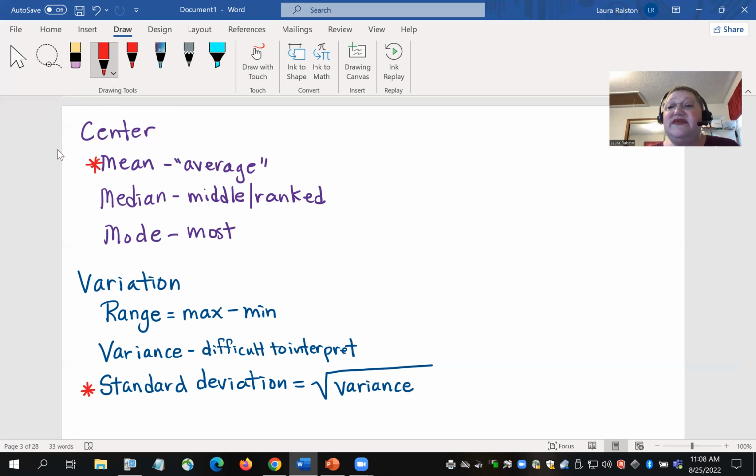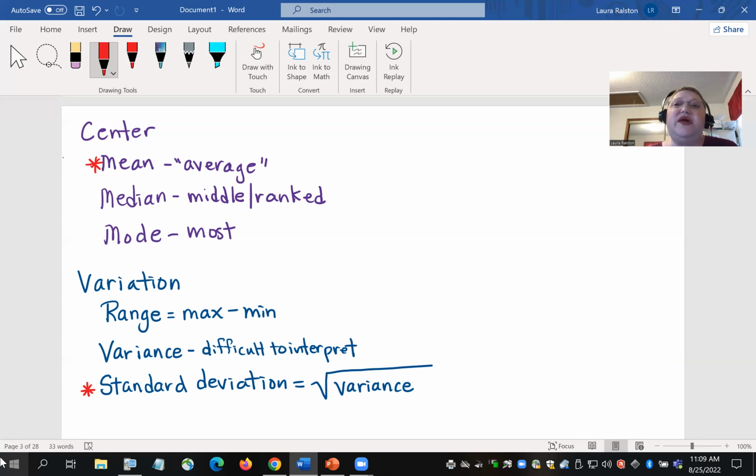It uses all of the data values in its calculation, and also it's actually used in other statistical formulas. So the mean and the standard deviation are the two primary characteristics that we want to talk about. And that's kind of where we stopped.